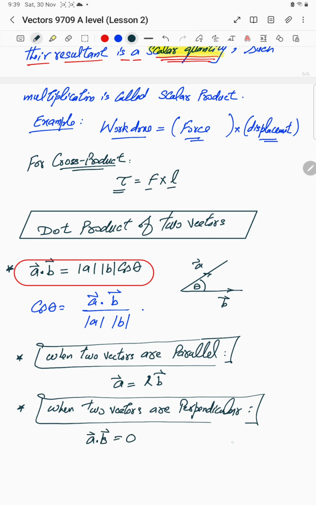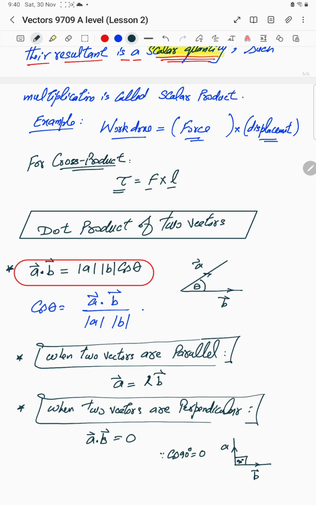Any two perpendicular vectors, for example vector A going here and vector B going this way, have an angle of 90 degrees, and we know cos 90 is 0.